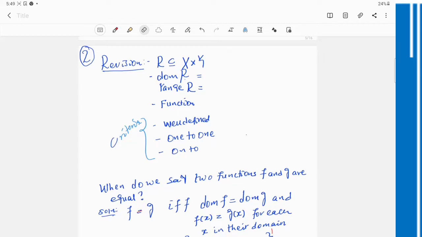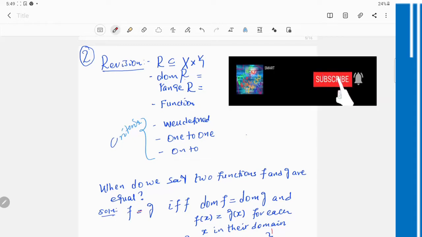As we said, a relation is any subset of the Cartesian product of X and Y, where X and Y are any sets.